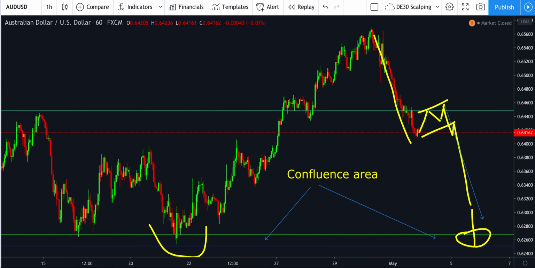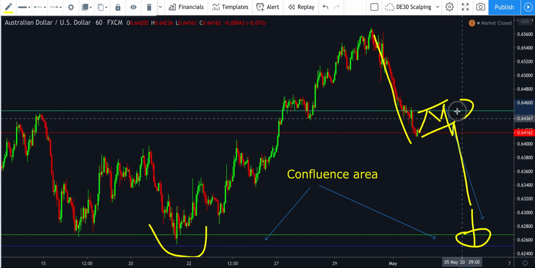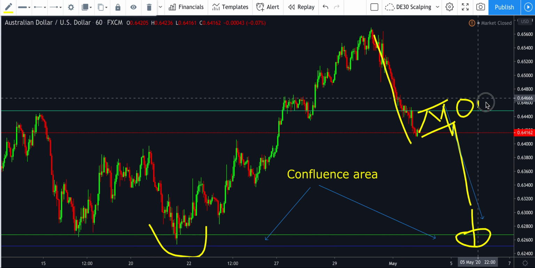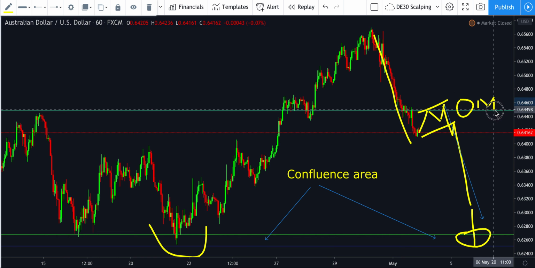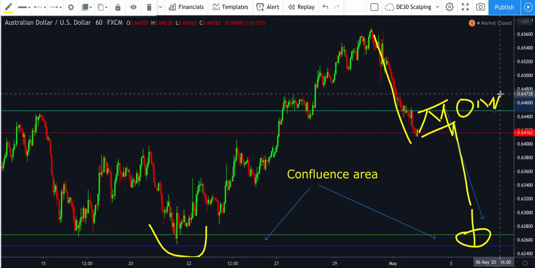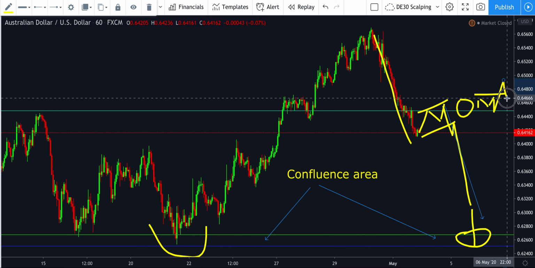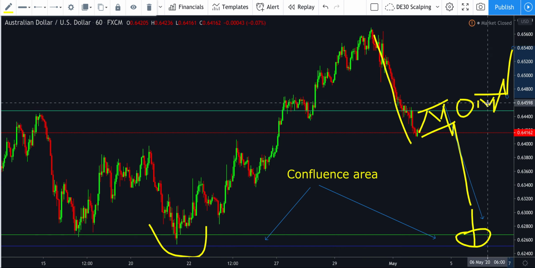If price would close above this level and make a correction, like a double bottom, then we can buy as soon as the correction has been broken, like this. Okay, so that's it.